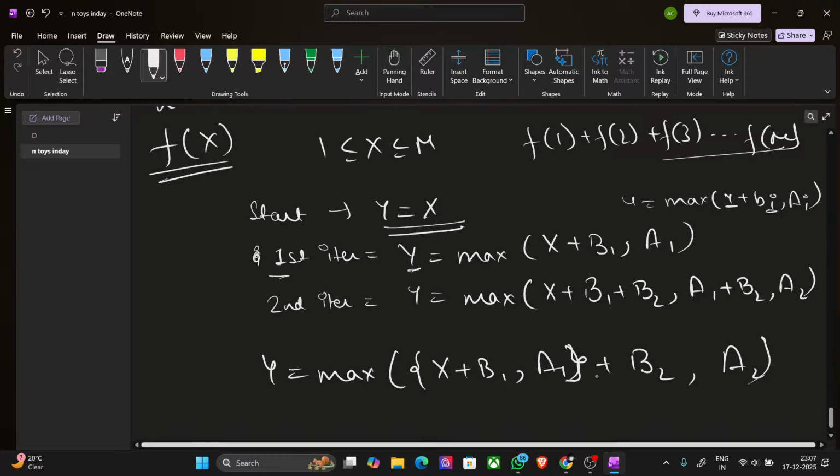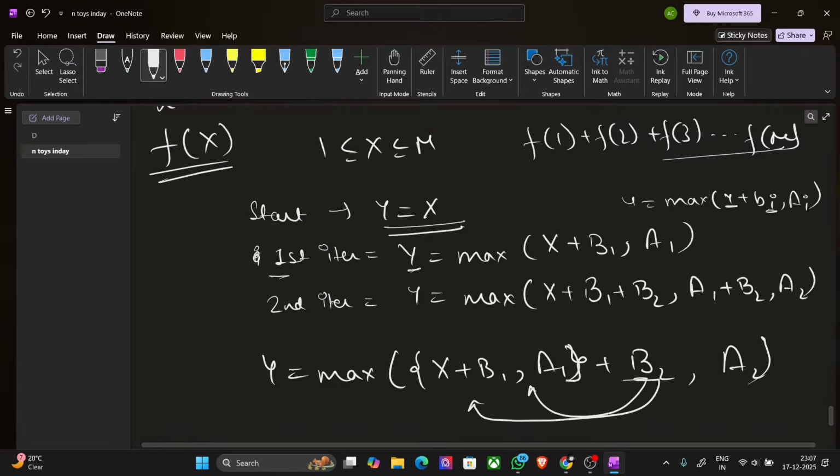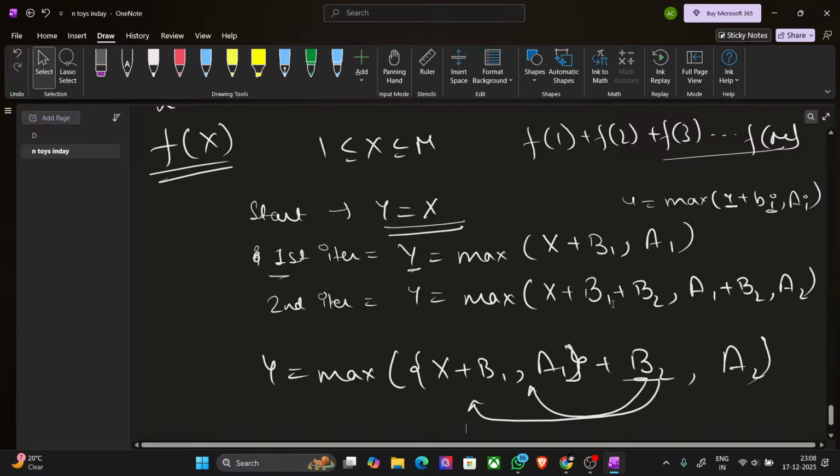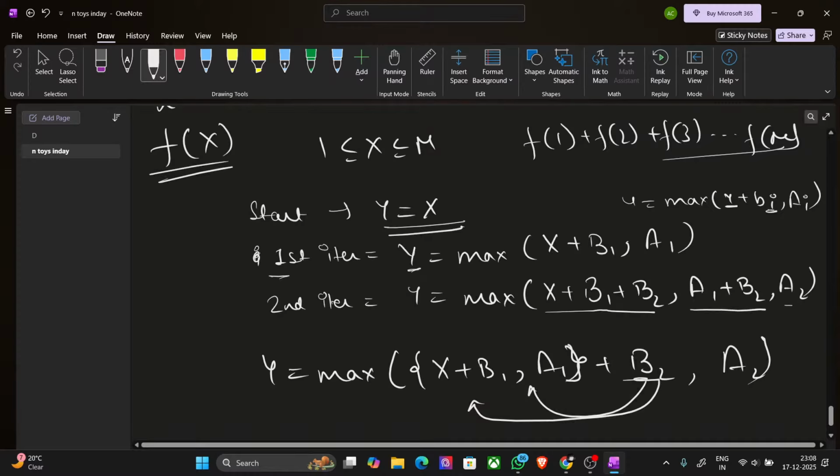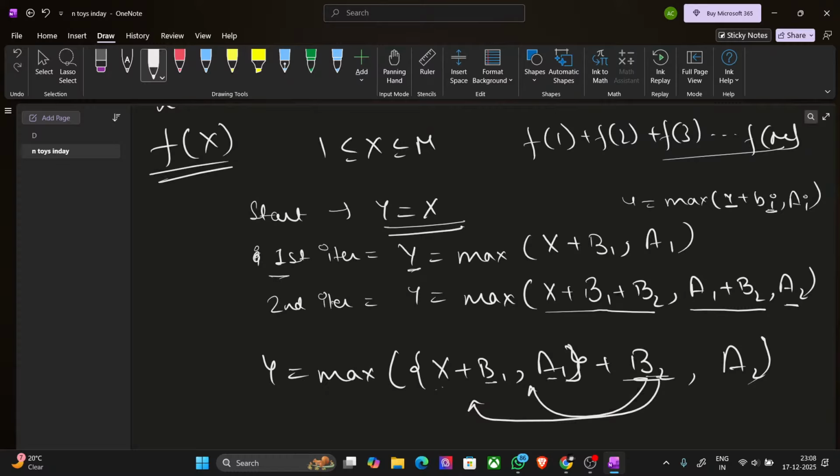So this is the formula for the next iteration. I have opened these curly braces, then b2 will be added to a1 and b2 will be added to x plus b1. That's how I can write x plus b1 plus b2 and a1 plus b2 and a2, right?